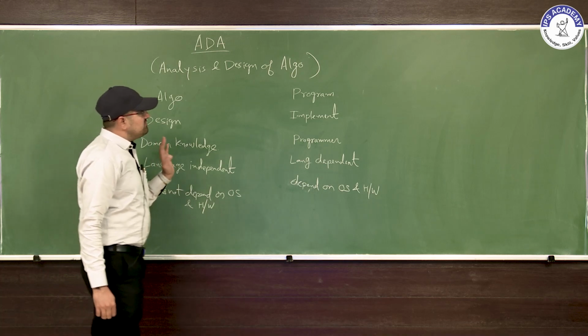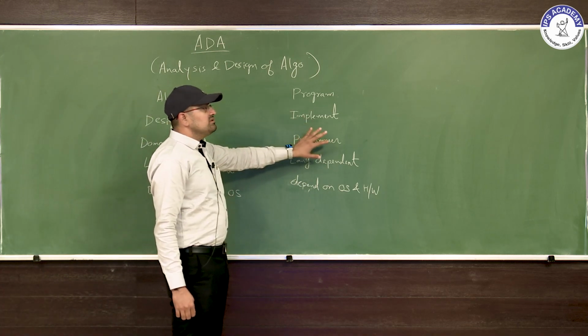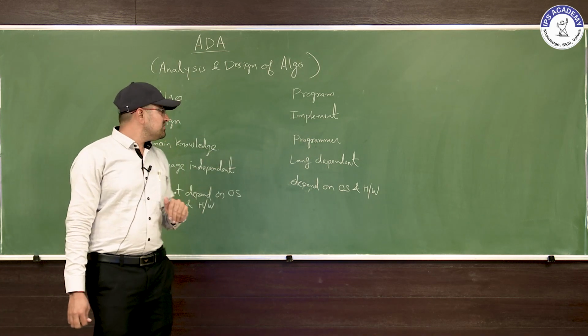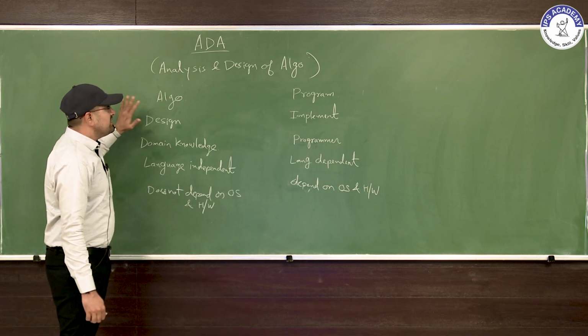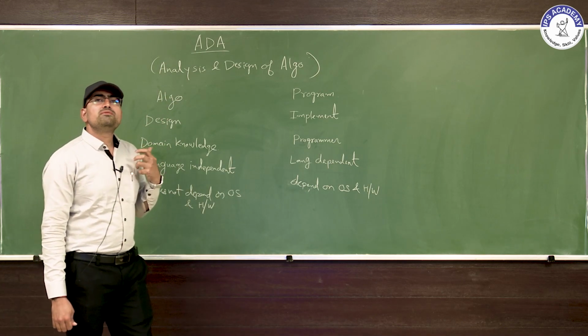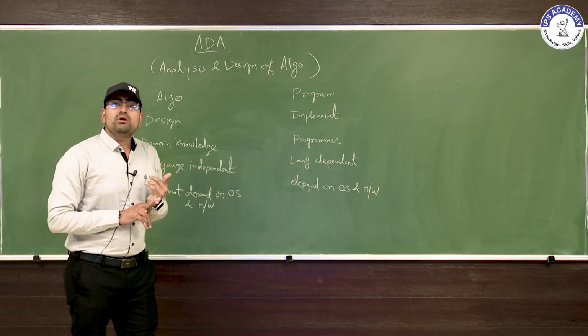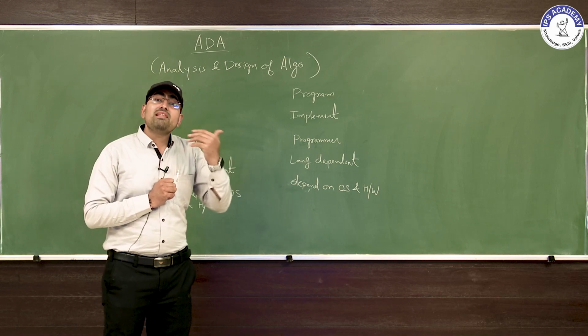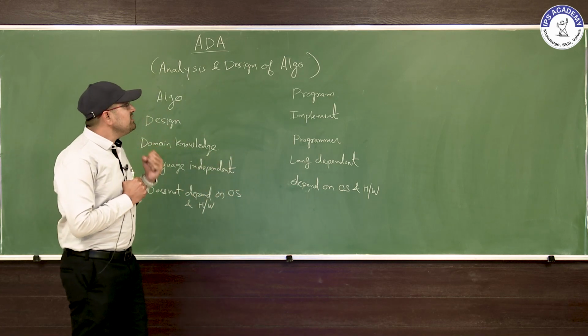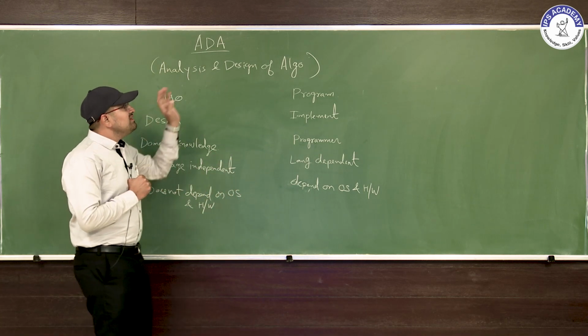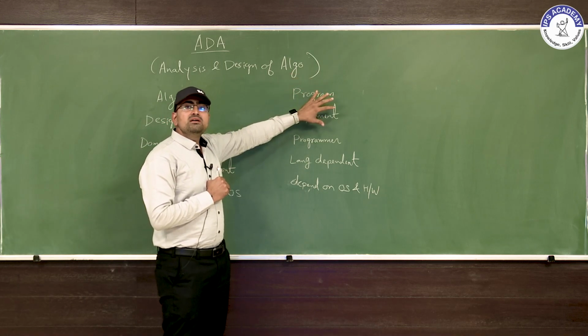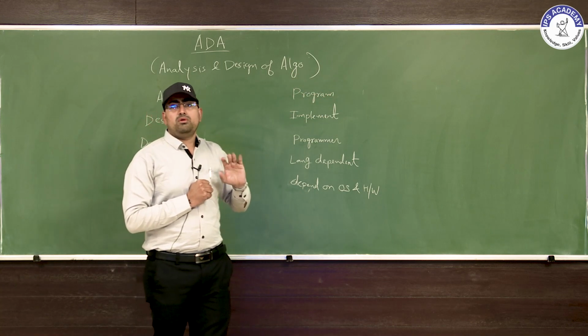Here if we talk about algorithm and program, right? I hope this would be clear to you, right? So in short, if we talk about the difference between an algorithm and a program, then an algorithm is a more generalized form for doing a particular task, while a program is a specific solution for a problem, right?